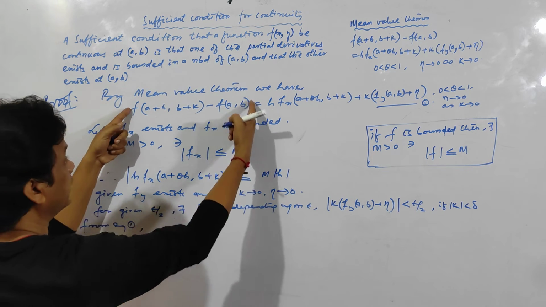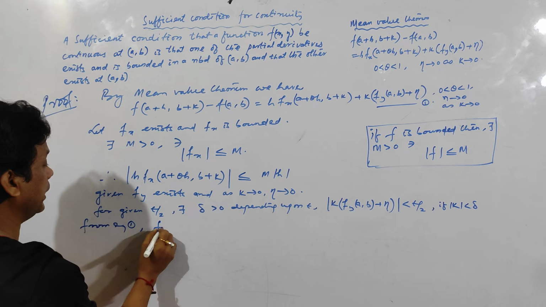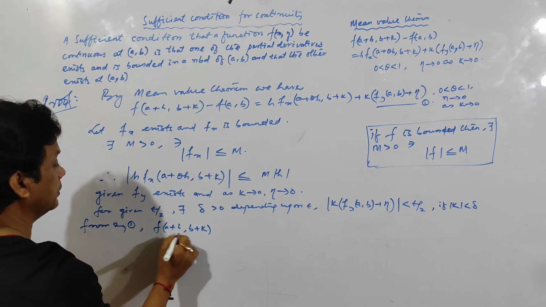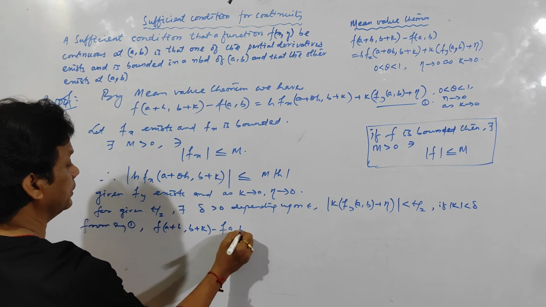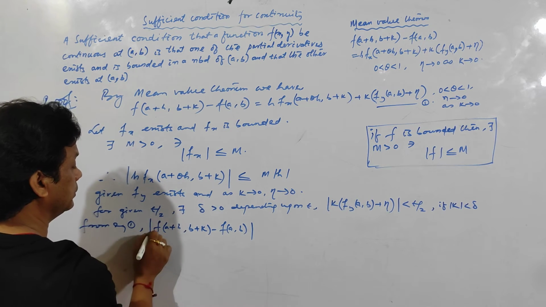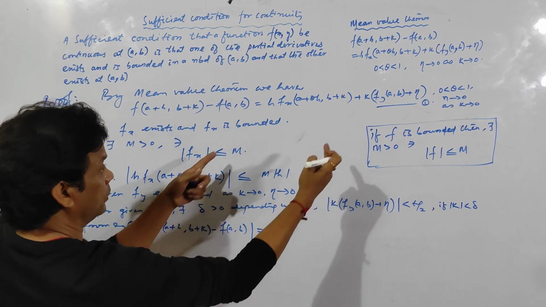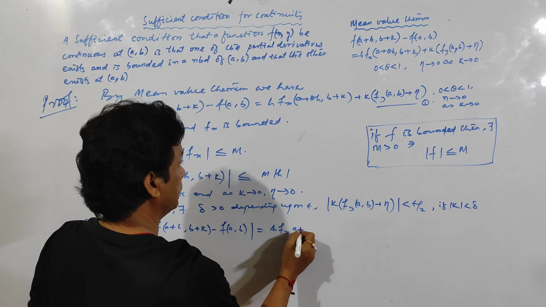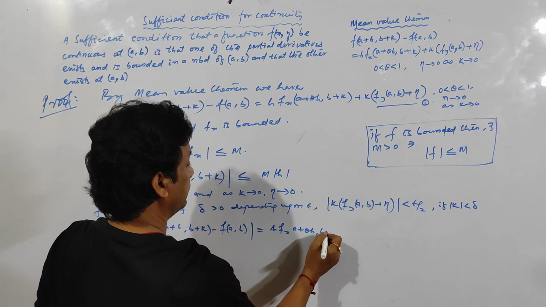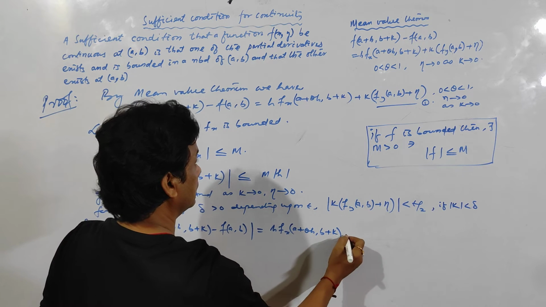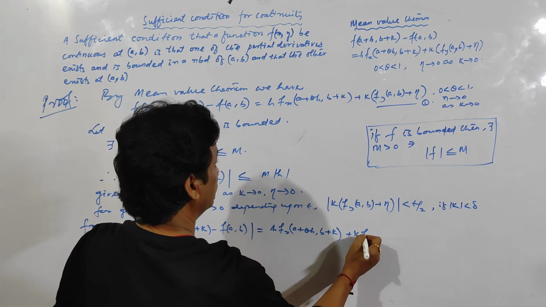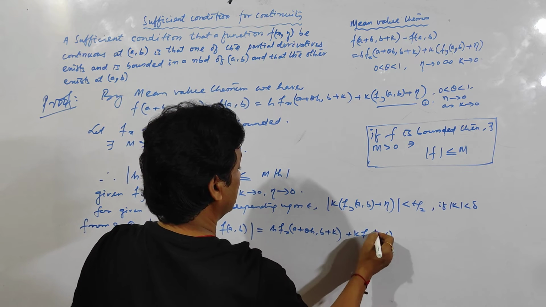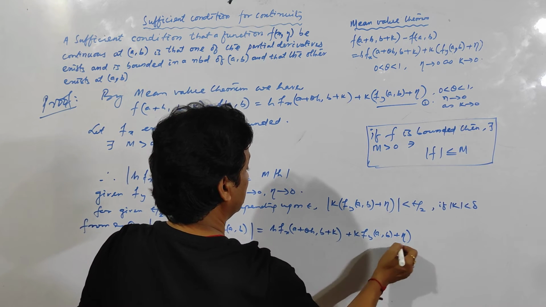Take its mod: mod of f of a plus h comma b plus k minus f of a b, that means mod of h into fx at a plus theta h comma b plus k, plus k into fy at a b plus eta.